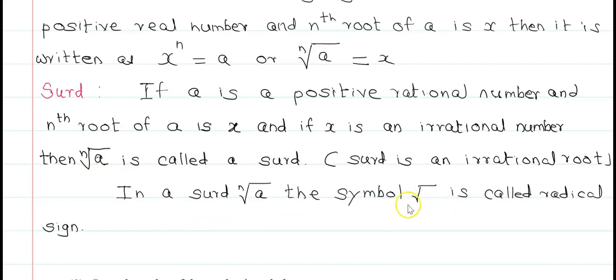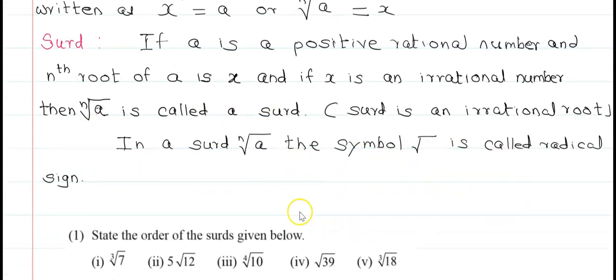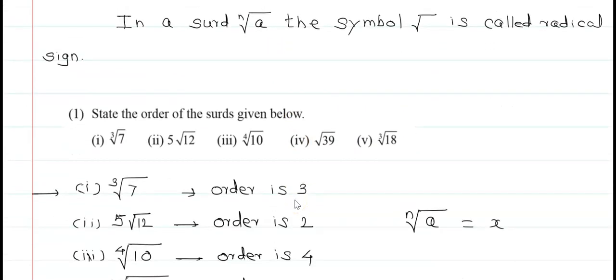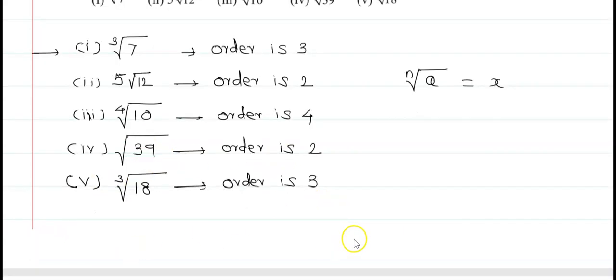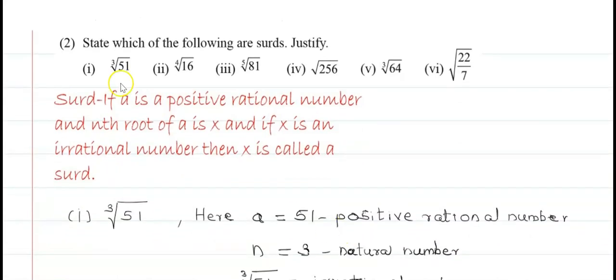This symbol is called the radical sign, that we have learned here. The order is 3, order is 2, order is 4, order is 2, and order is 3 for these surds. Now state which of the following are surds and justify your answer.